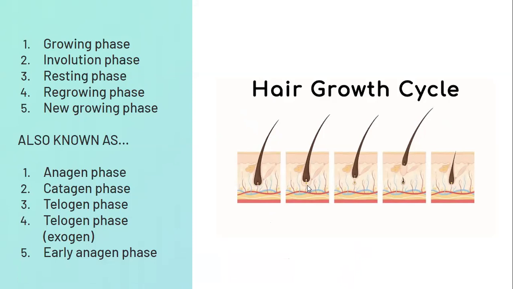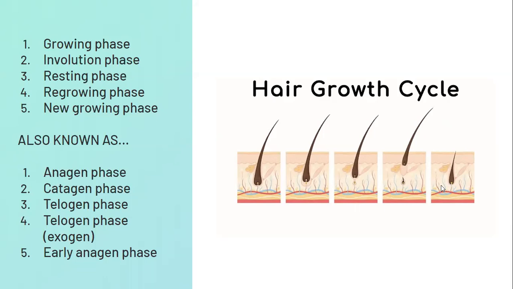Then 3 is the resting phase, when it stops growing, as we discussed before. It takes a pause. Then we have the regrowing phase, where it falls out, and then a new hair starts growing from the papilla, and that's the new growing phase.